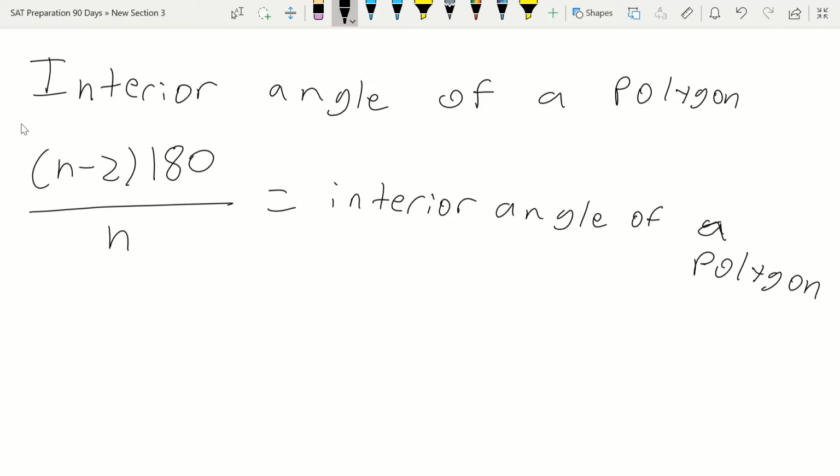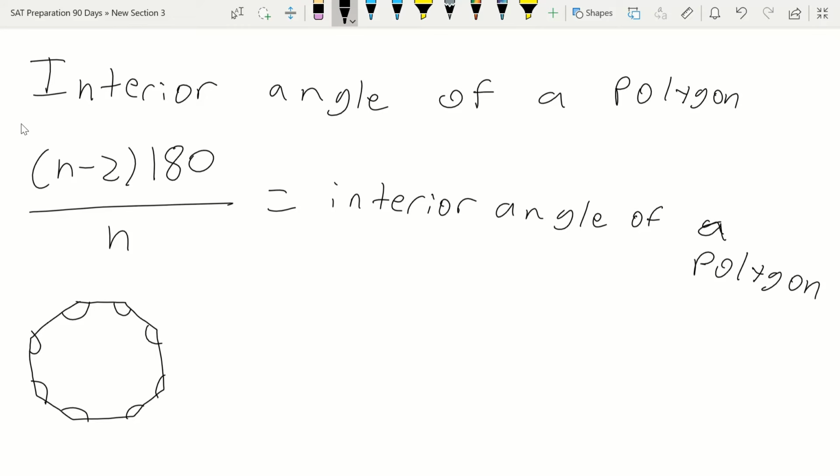And I'll go ahead and show you as well what the interior angle is. That's an interior angle, that's an interior angle, and so on around the polygon. So those are going to be all of your interior angles on a polygon.